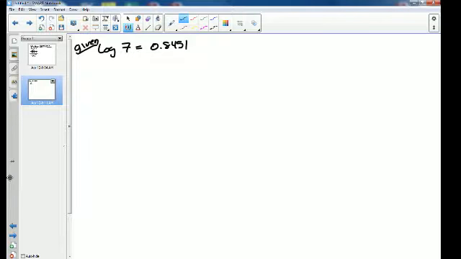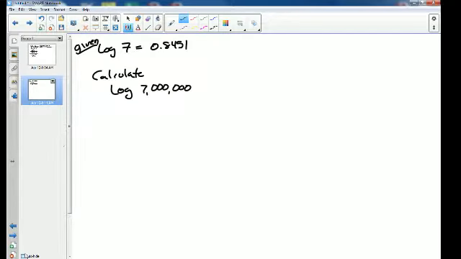You don't have to have a calculator, it's just given to you. Calculate log 7,000,000. Now if you just type that in a calculator, you get an answer, right? Easy enough. How do you do it without a calculator?